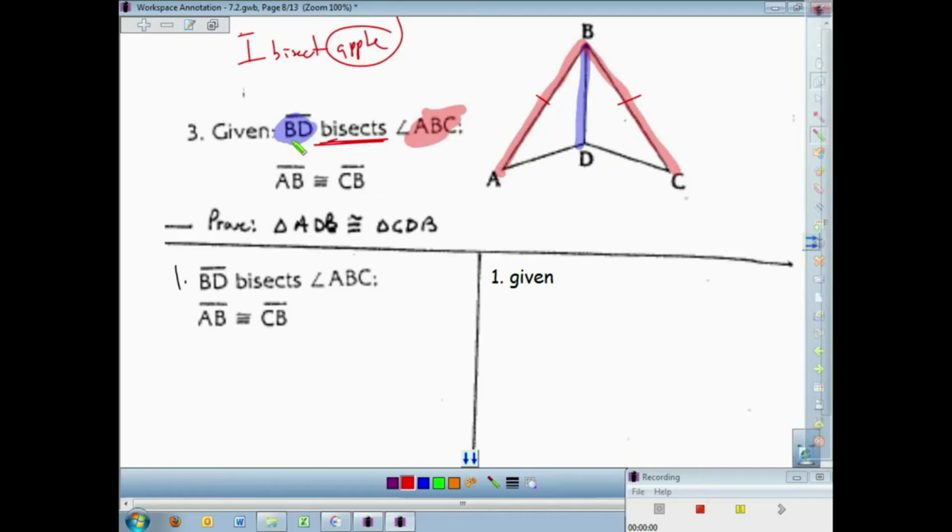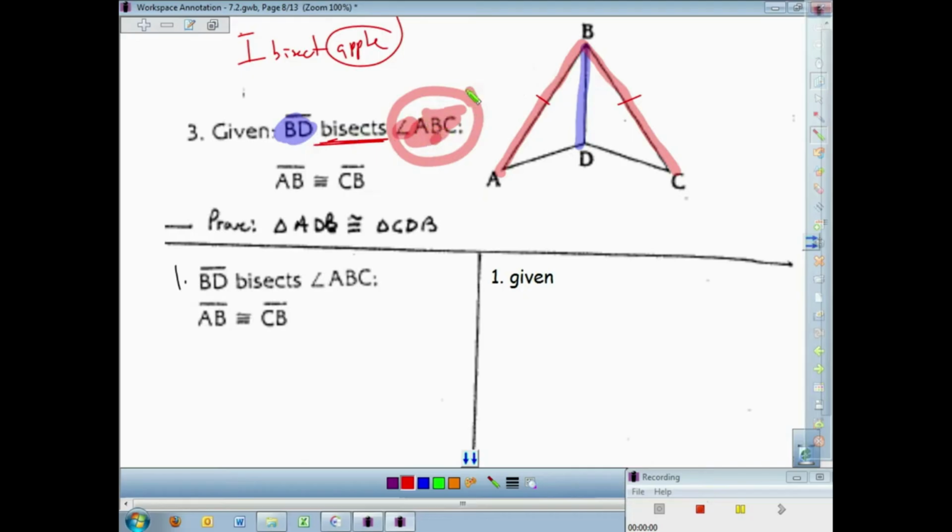The segment or the angle? Well, the angle got cut into two equal pieces, right? And if you bisect an angle, you're going to get two little angles. Just like if I bisect an apple, I'm going to get two little apples out of that. You're not going to cut an apple in half and get two oranges out of it. If you bisect an angle, you're going to get two little angles out of it, not two little segments.